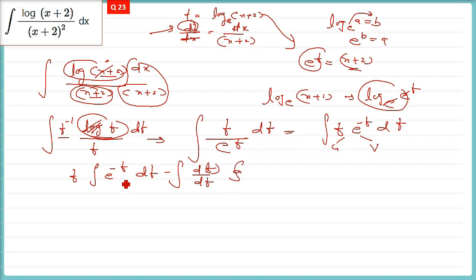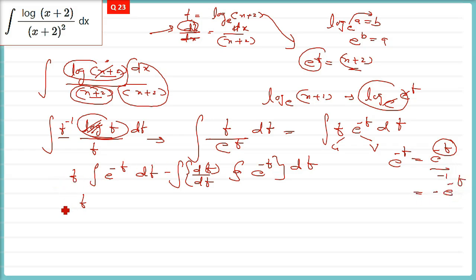The integration of e raised to minus t will be negative e raised to minus t, and d/dt of t will be 1.